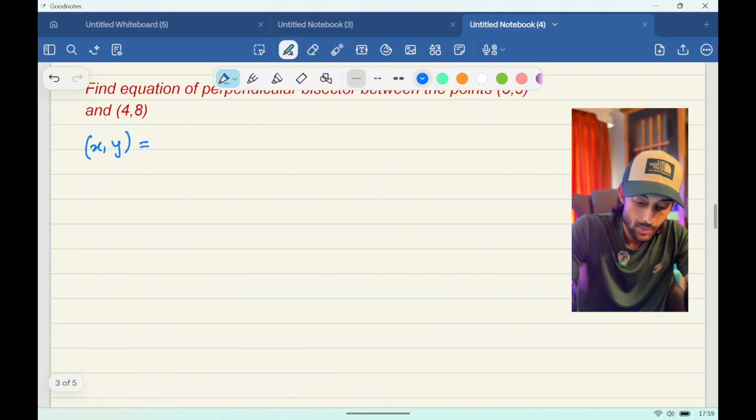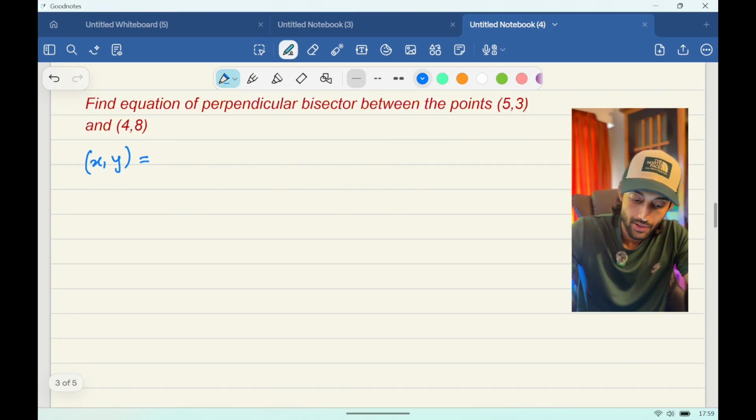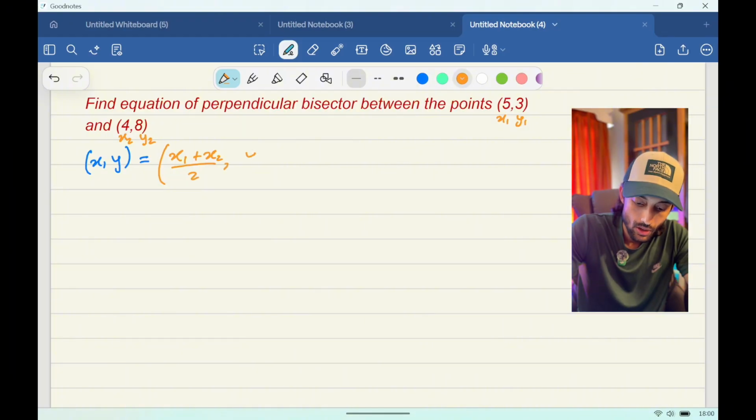So what points do we have? We have 5, 3, 4 and 8. So consider this as x1, y1, x2 and y2. If you want to find out the midpoint, it's always x1 plus x2 over 2 comma y1 plus y2 over 2.